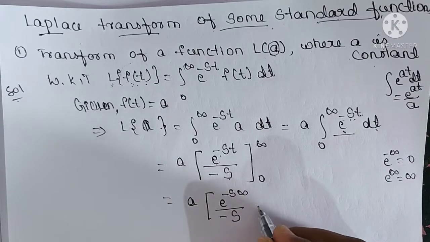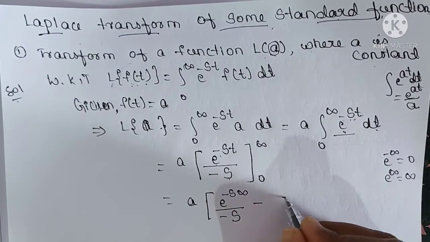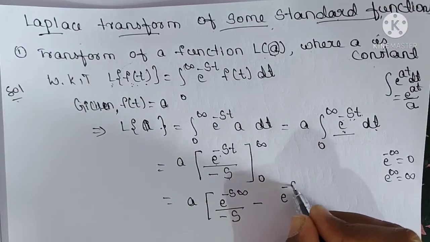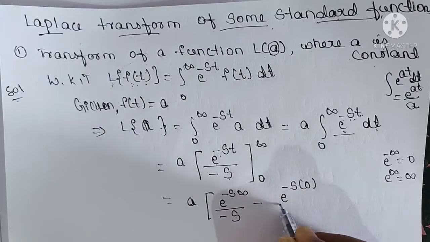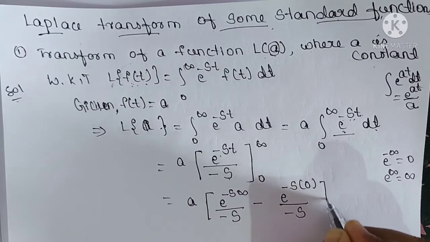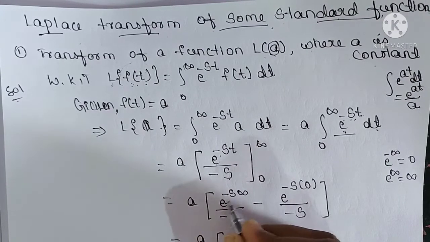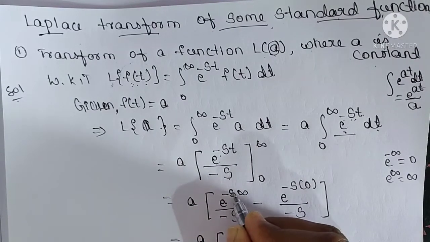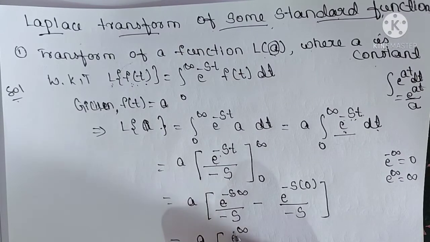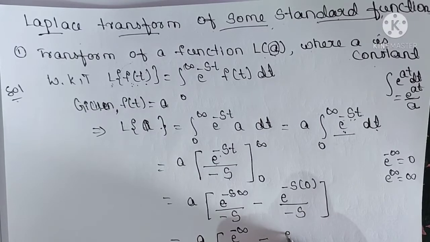Lower limit, minus of e power minus s of 0 divided by minus s. It is equal to a into e to the power of, see, infinity into any term is infinity, that is minus infinity divided by minus s, minus e to the power of 0 into any term is 0, divided by minus s.